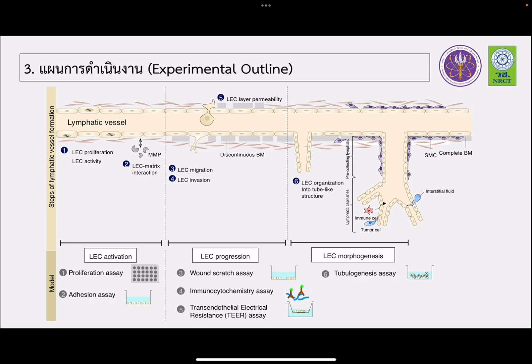So we observe the characteristics of the lymphangiogenesis process by breaking it down into three parts, which include LEC activation, LEC progression, and LEC morphogenesis, and include several assays to try to address the specific steps in lymphangiogenesis.